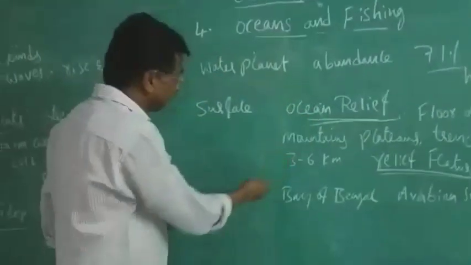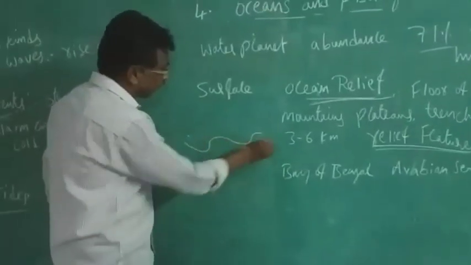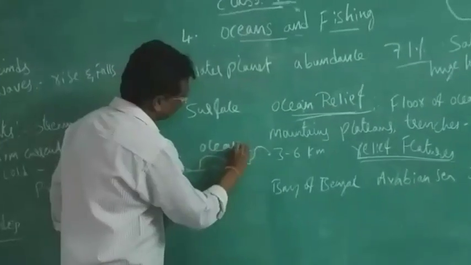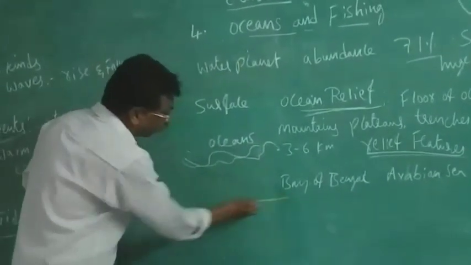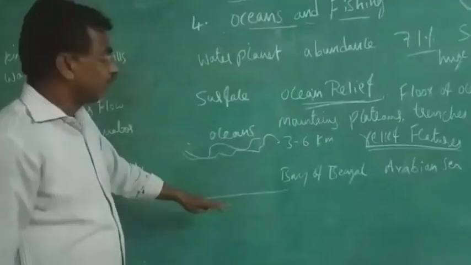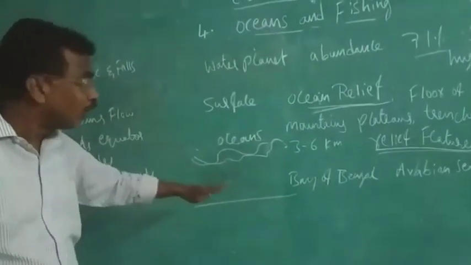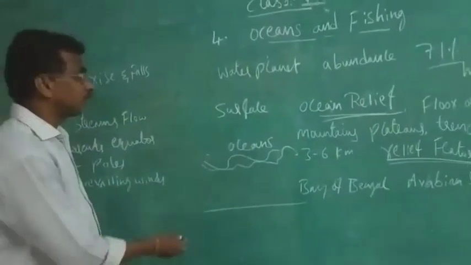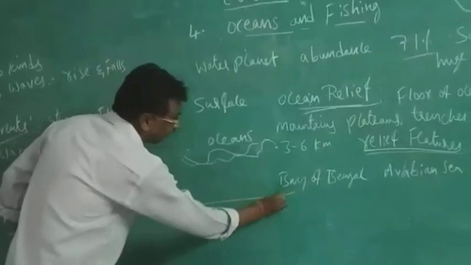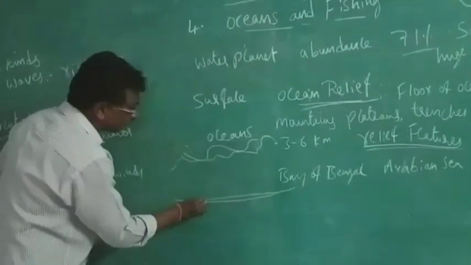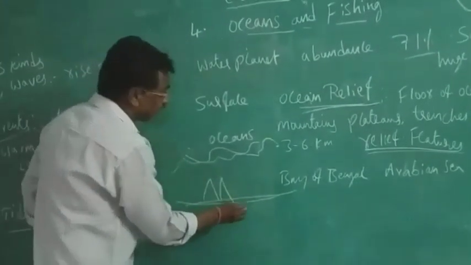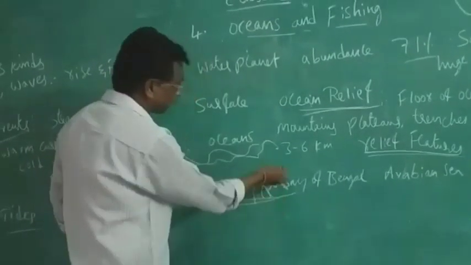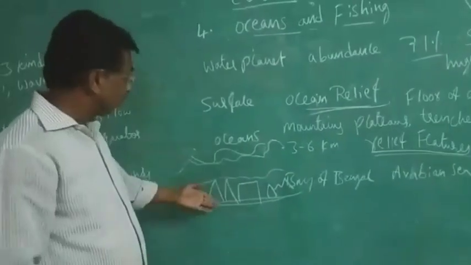This is the ocean, water is there, and down below is the ocean floor, the surface. Some mountains, plateaus and trenches are there.